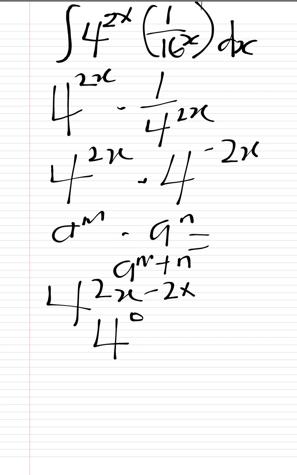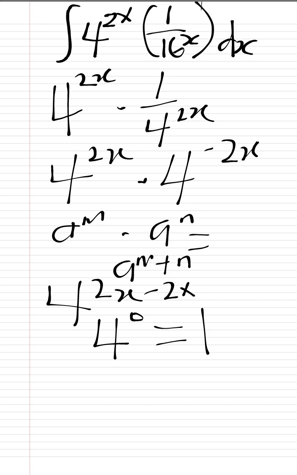Good. So once we have 4 exponent 0, we all know that any non-zero number to the power 0 gives us what? 1. Good. So we can have 1 as the whole expression.